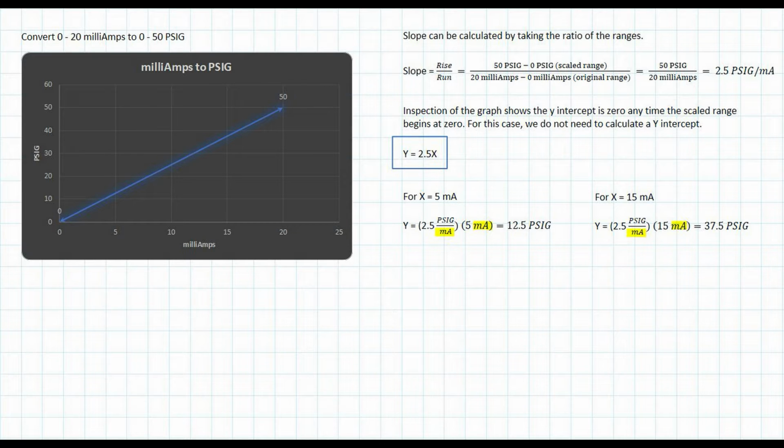The milliamp units in the numerator of the x value and the denominator of the slope cancel to leave us with a final unit of PSIG, the unit we intended to convert into. If we plug in a value of 15 milliamps for x, then we multiply 2.5 by 15, and that gives us a result of 37.5 PSIG.